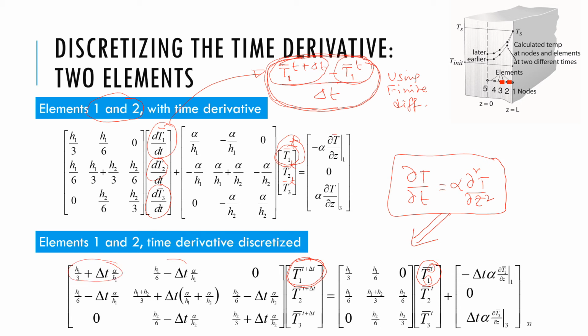All these things are known, so we can always solve for T1 at t plus delta t, because everything on the right hand side is also known. We will show you that these can also be found, but for now assume they can be found. So this is a big deal: we converted a differential equation into just an algebraic equation.